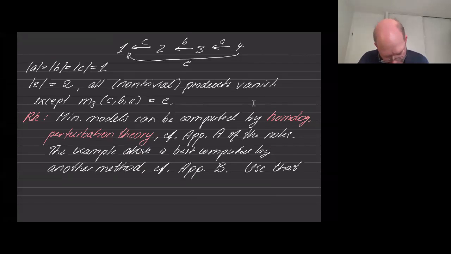You use that B is quasi-isomorphic to the following DG path algebra.